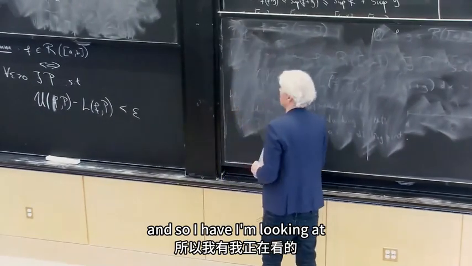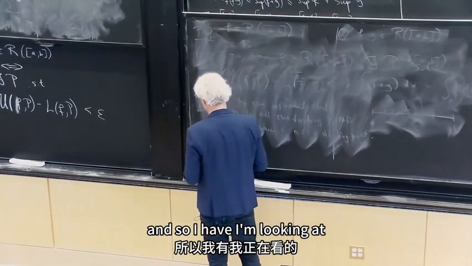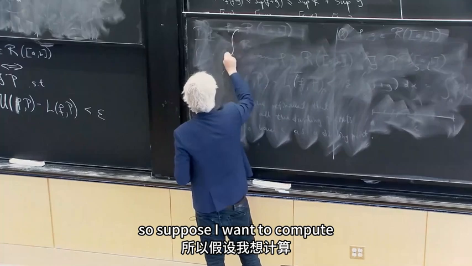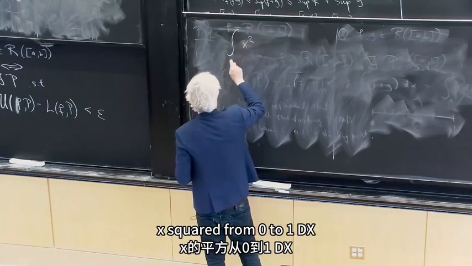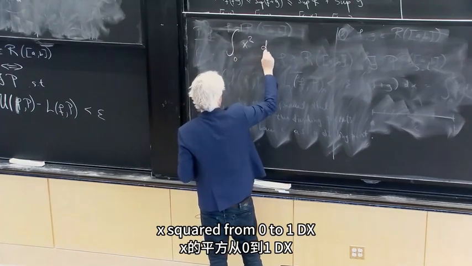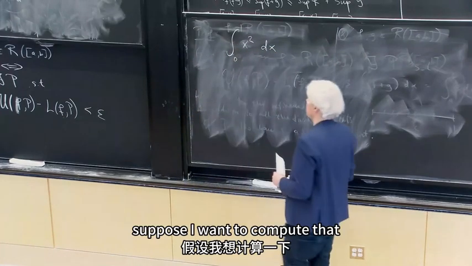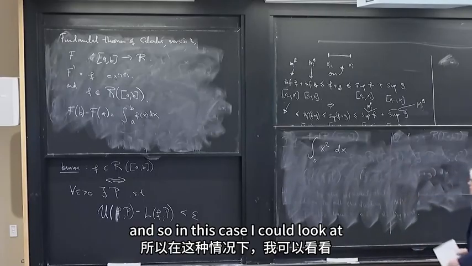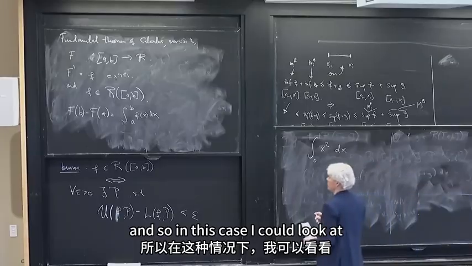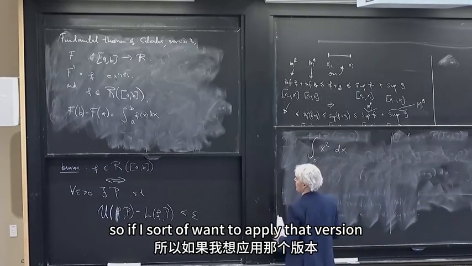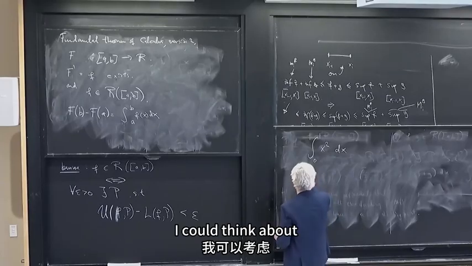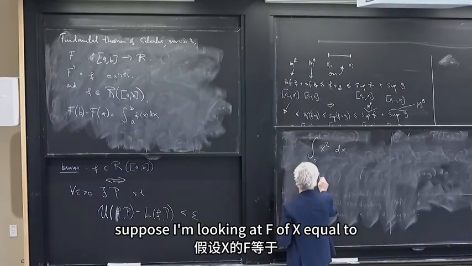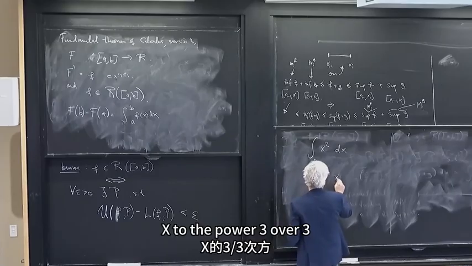Suppose I want to compute the integral of x squared from 0 to 1 dx. If I want to apply that version, I could think about F of x equal to x to the power 3 over 3.